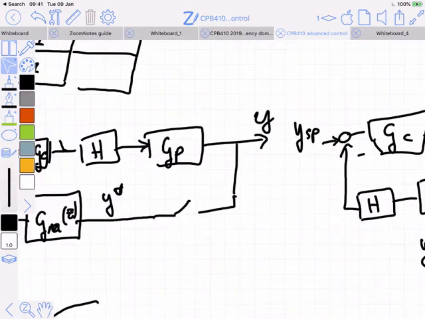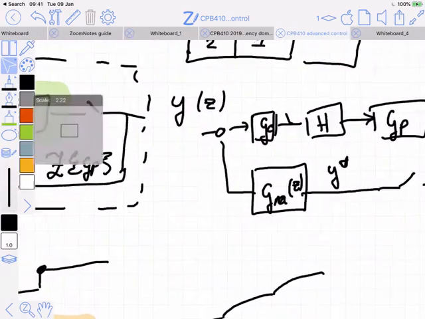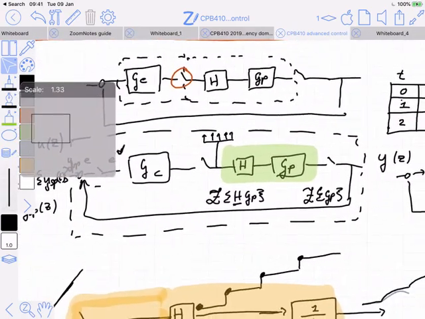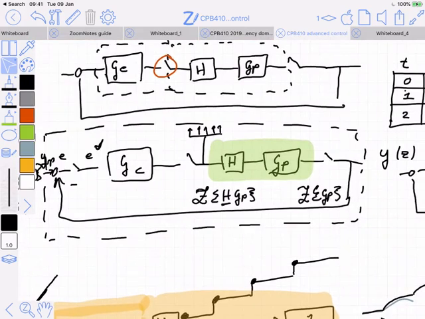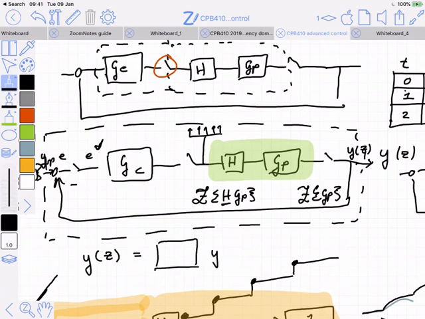So this block diagram here has a closed loop transfer function. And remember, what is a transfer function? A transfer function is something that has the property that I can write, if that's Y of Z and that's YSP, a formula of the form Y(z) is equal to something times YSP(z).